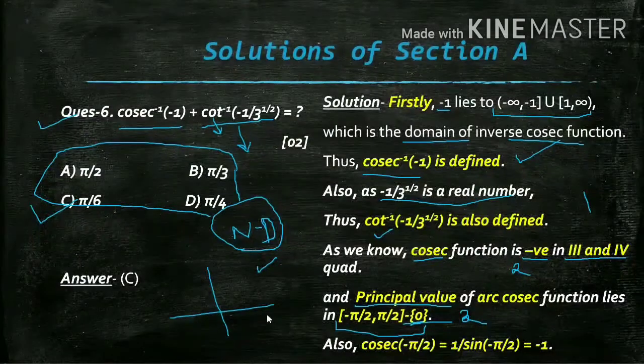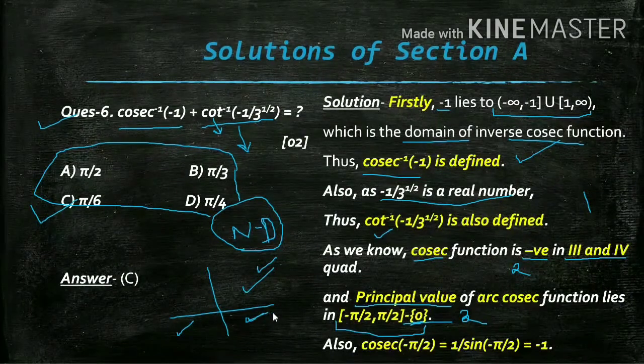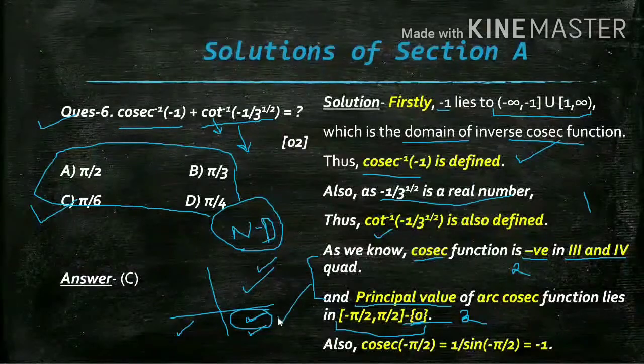According to the second step, it must lie either in the third or the fourth quadrant. And by the principal value, it must lie in the first or fourth. So for the common, it must lie in the fourth quadrant only, because you always take the common one that satisfies both of these conditions.